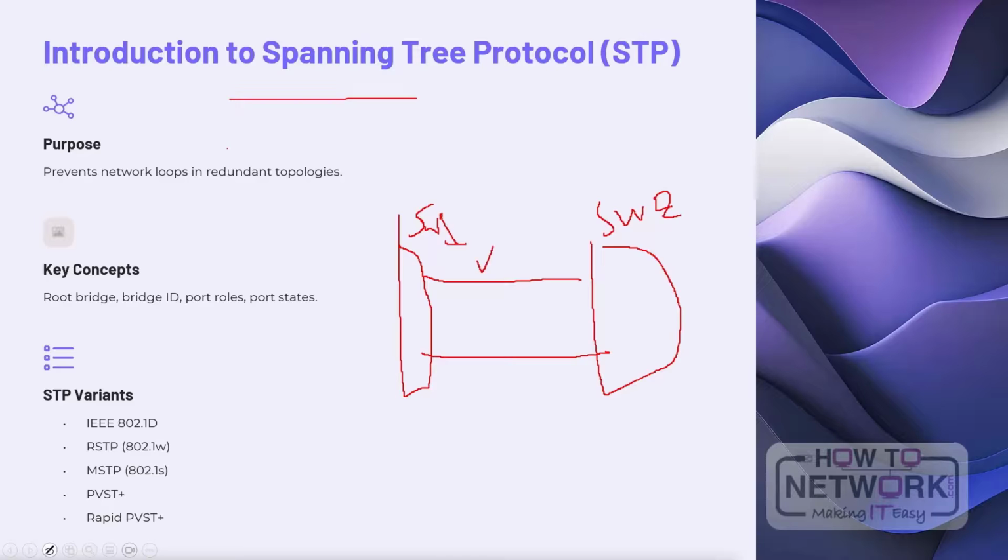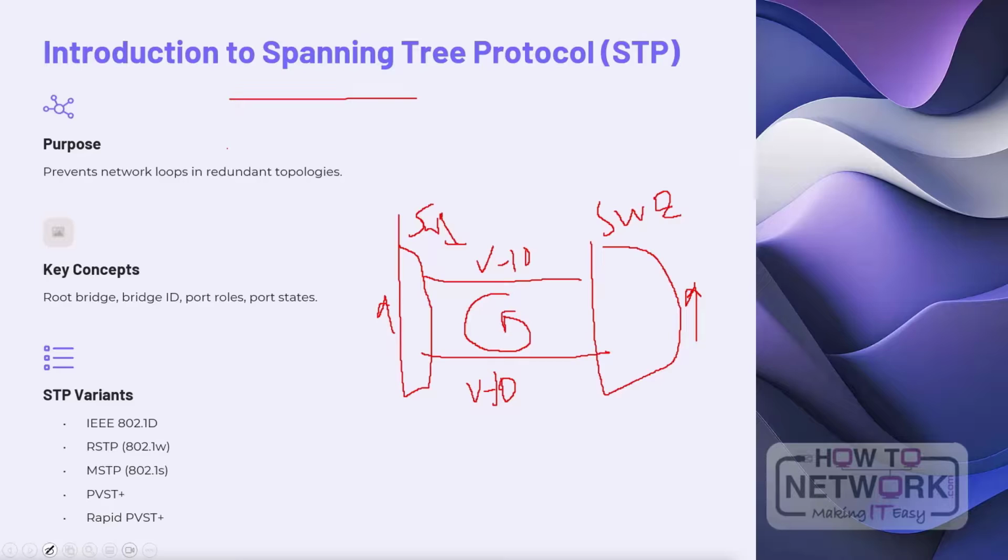if you're allowing VLAN 10 here, and you also allow VLAN 10 on the other side, this will cause a loop, right? And that's a problem, because if you have a loop, then that will cause broadcast storms, the CPU will go up, and the switches will no longer be able to function properly.